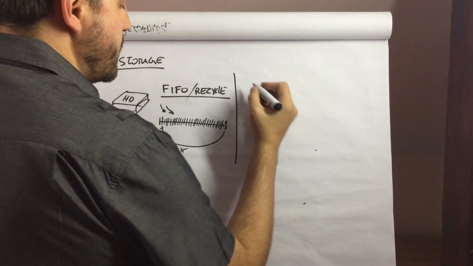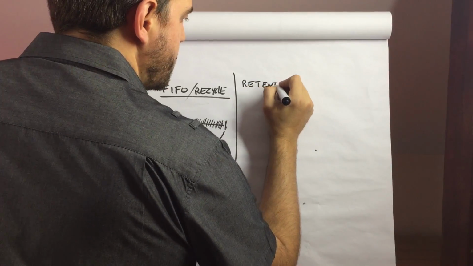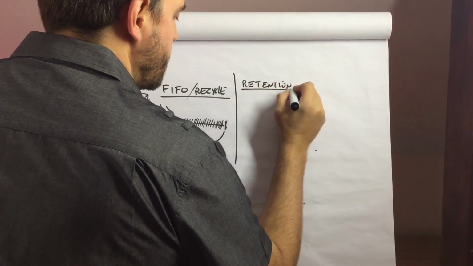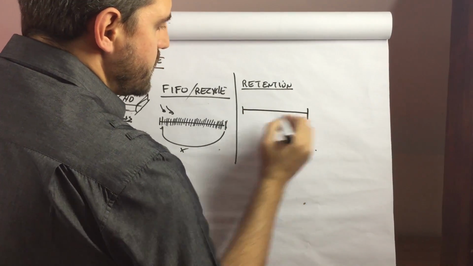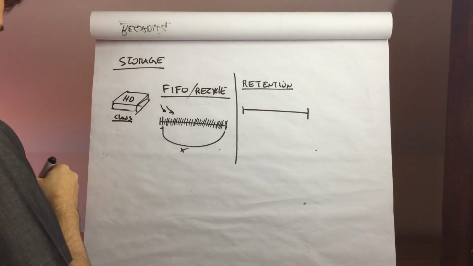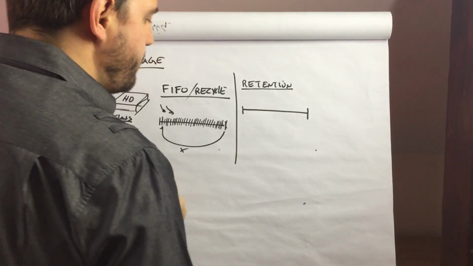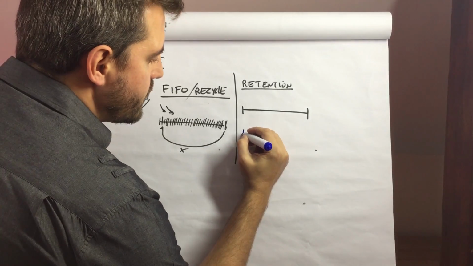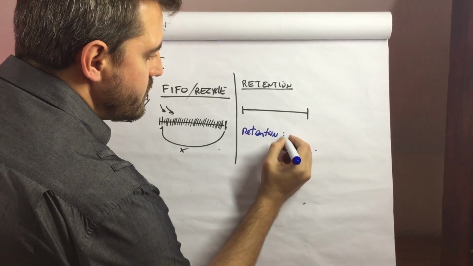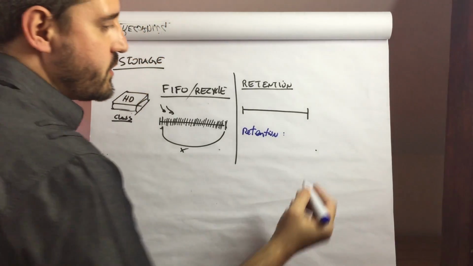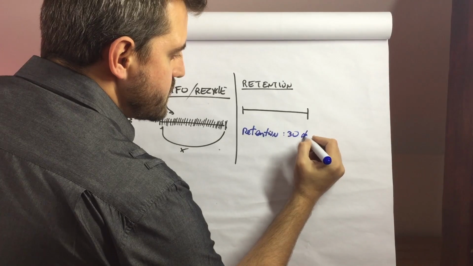We have another one, which is the retention time. So here we have the NVR size, and then you define a retention. The most common retention time in installations is 30 days.